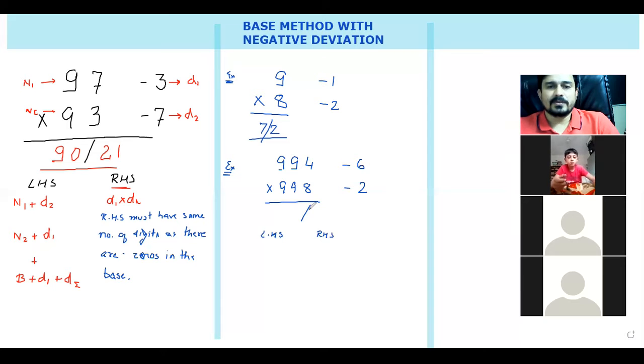This will become 6 times 2, 12, but I have to write 012 because the rule says RHS must have 3 digits in this case. 994 minus 2 is 992. Okay, next example.